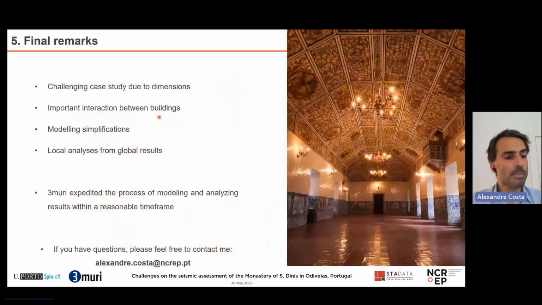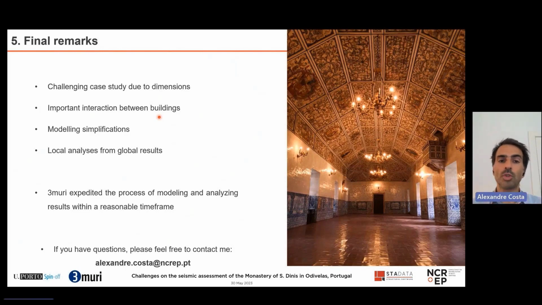So just final remarks. It was a real challenge as a case study, mainly due to the dimension and the different wall typologies, etc. And it was also important to have a proper model to simulate the interaction between the buildings. In order to do that, of course, you need to do some modeling simplifications, but it's very important so we can control the model in the end and understand what is going on.